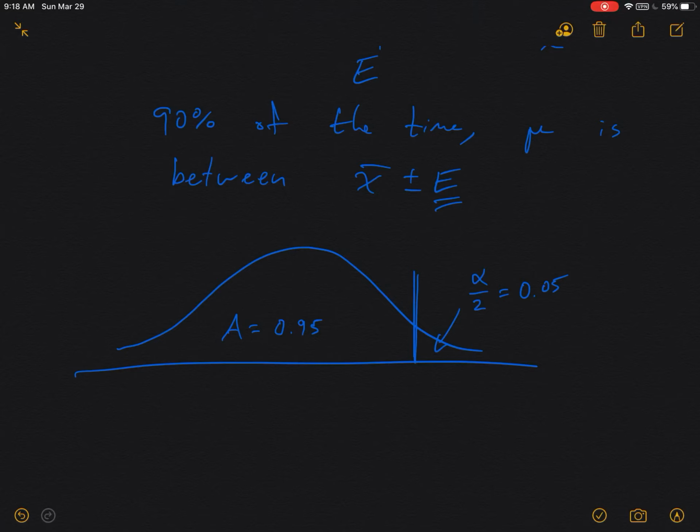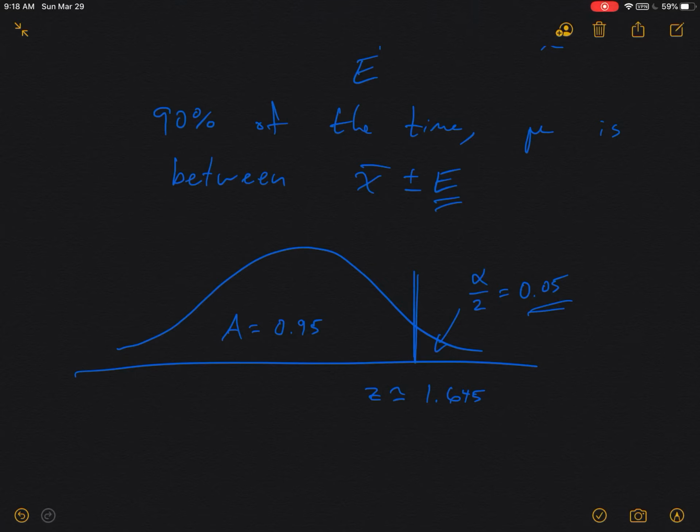So if I want a 5% area on the right side, that means I want a 95% area on the left side. And if I look up 0.95 in the table, what I'll end up getting is a z-score of about 1.645, something like that.